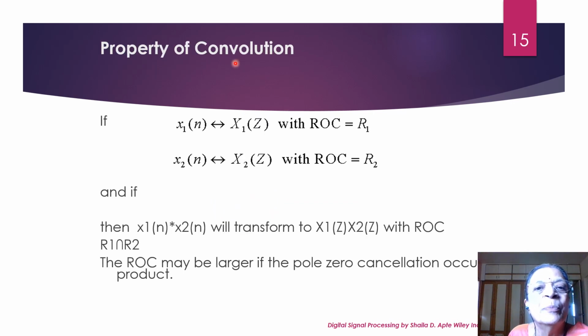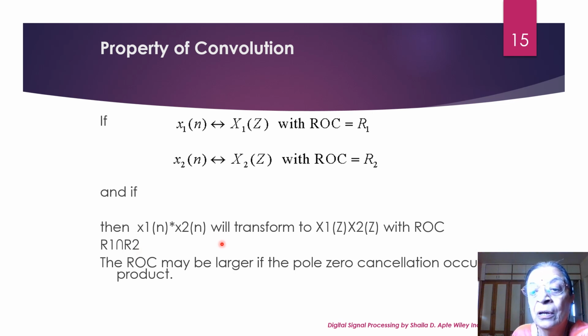Now consider the property of convolution. If we consider two sequences x1[n] and x2[n] with different regions of convergence R1 and R2 respectively, then if we consider x1[n] convolved with x2[n], what will be the z transform? The z transform will be the multiplication of the two transforms. Where will be the ROC? The ROC will be R1 intersection R2.